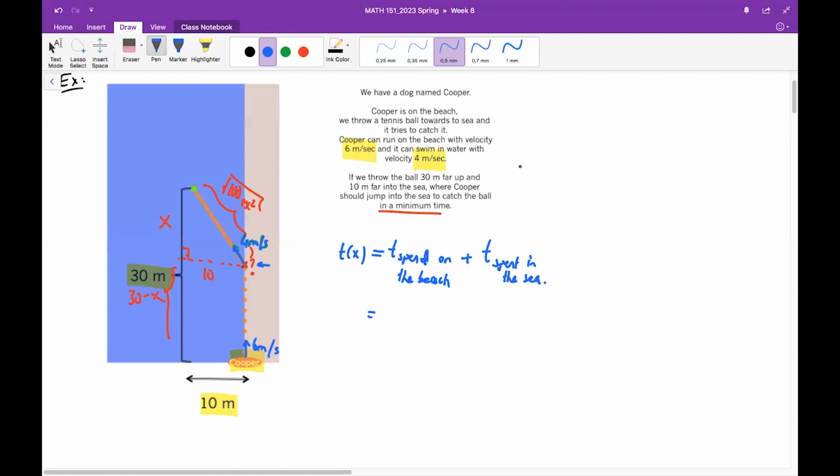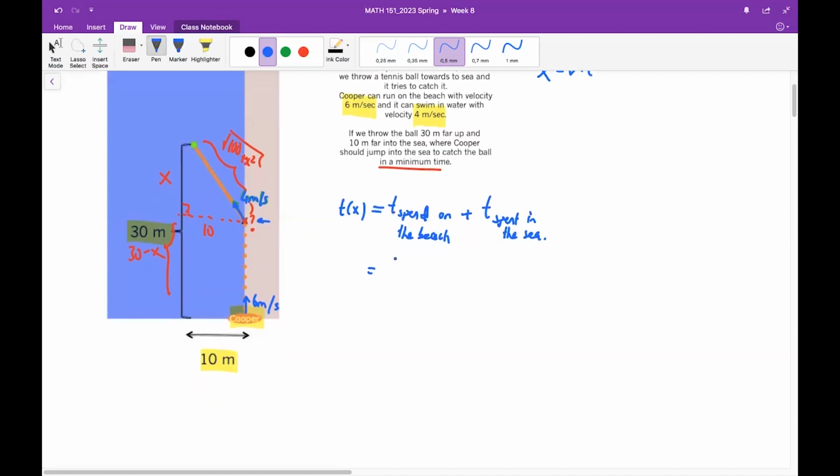We have this usual formula from physics, that distance is constant velocity times time. That's why the time spent on the beach can be found by dividing this distance, 30 minus x. Let me also put that distance here. 30 minus x is the distance.